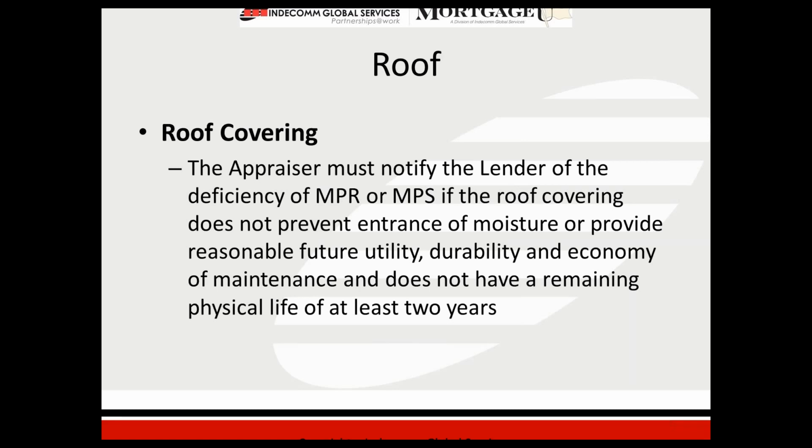The appraiser must notify the lender of a deficiency of a minimum property requirement or a minimum property standard if the roof covering does not prevent the entrance of moisture or provide reasonable future utility, durability, and economy of maintenance, and does not have a remaining physical life of at least 2 years. So roofs typically have proper ventilation and/or insulation, and moisture should dissipate. Appraisers should note if this doesn't appear to be the case.